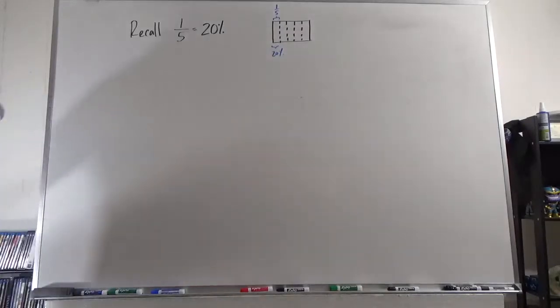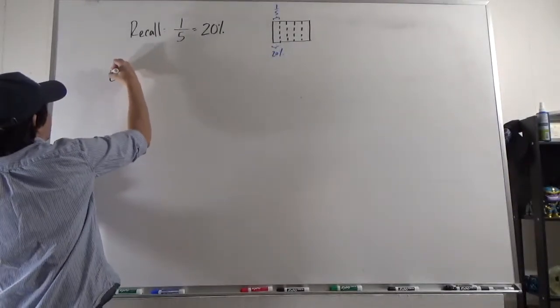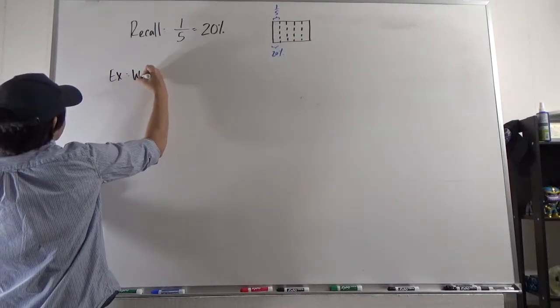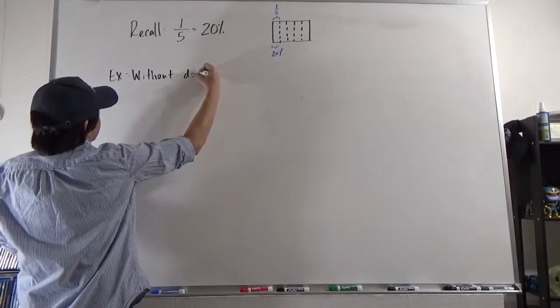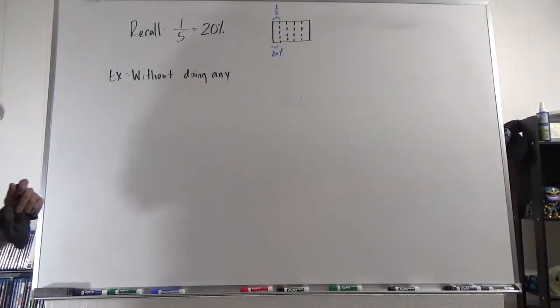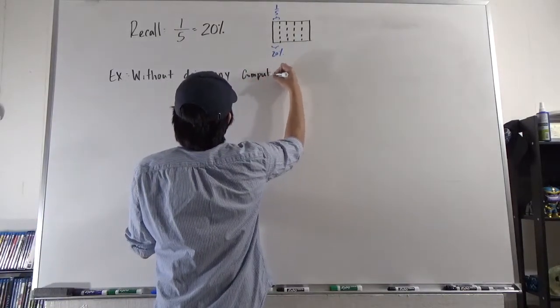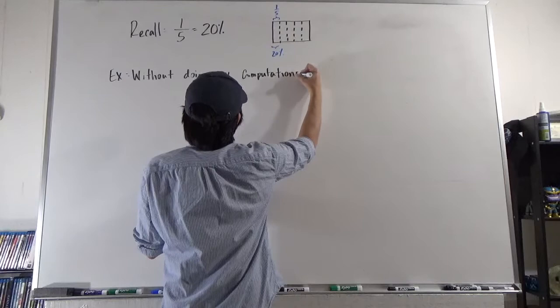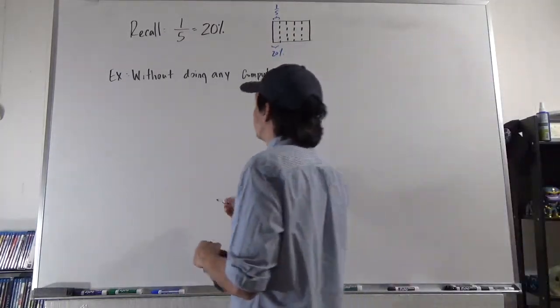All right, let's see. Here are my instructions: without doing any computations. You will have a formula to work with later that you can do computations for. You could apply it here. But here, I don't want you to. And in the homework, I will have problems like this, and I will specify I would like you to do these without computations.